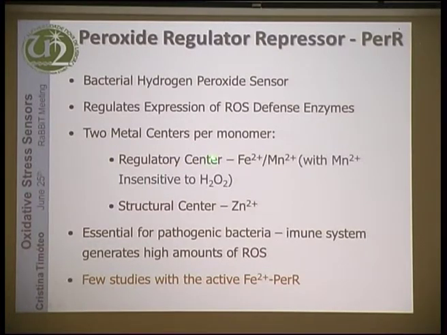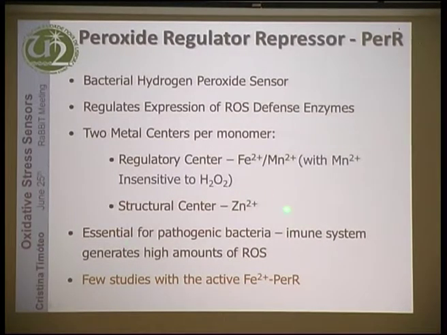One is the regulatory center, which can bind iron or manganese, but the difference is that when you have manganese in this site, the sensor is mostly insensitive to hydrogen peroxide, which means that when you have manganese, the sensor does not react to hydrogen peroxide and does not become inactivated, like I'm going to describe.